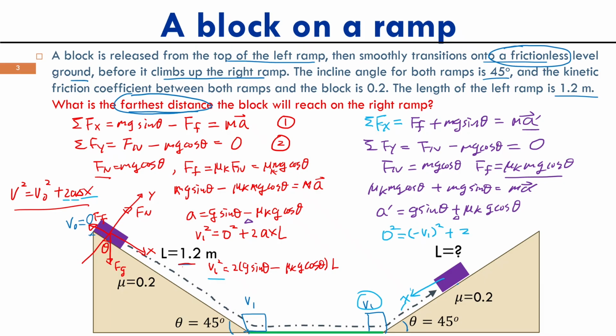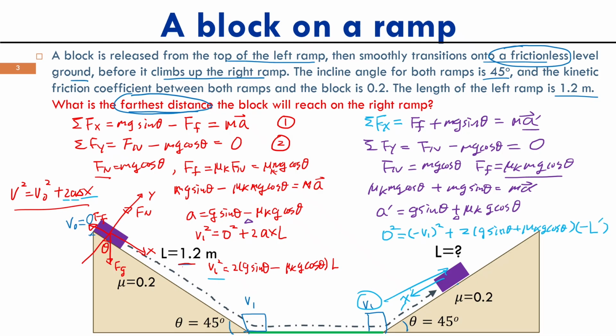So it's 2, then this acceleration here, right? So it's g times sine theta plus mu k g cosine theta. And because my displacement is going up, but my positive direction is going down, this should be minus L prime, right? So if I simplify this, what do I get?